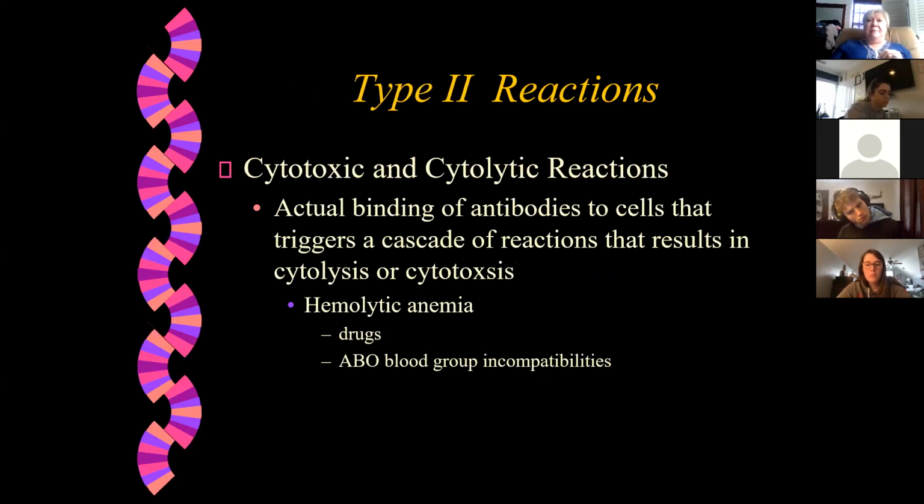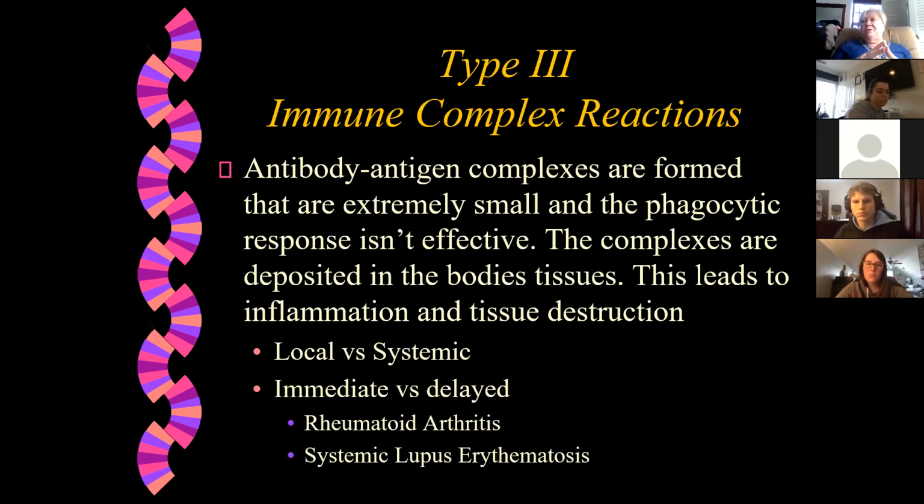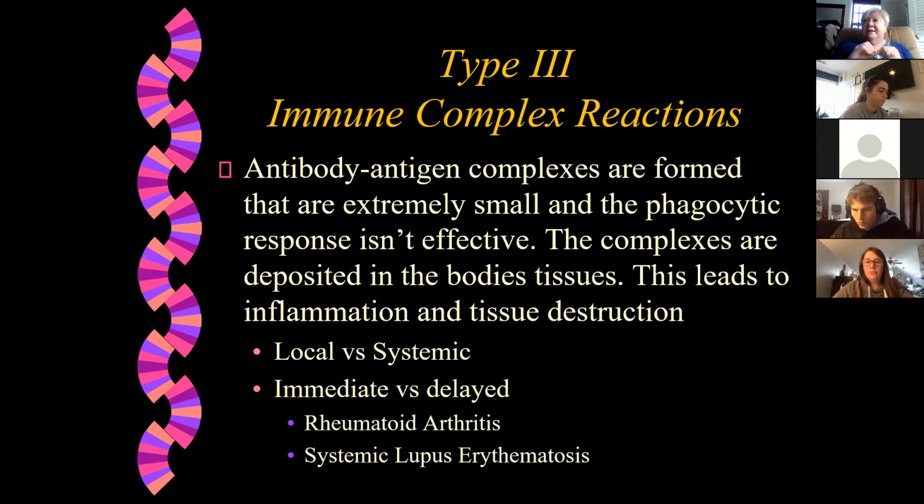So you might have problems with that, but typically the type 2 cytolytic reactions are due to getting the wrong kind of blood. The type 3 is an immune complex reaction. And this is where you get an antibody and antigen reaction that is so tiny that the antibodies can't find it and eat it.